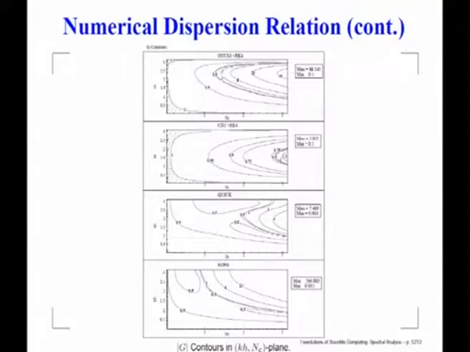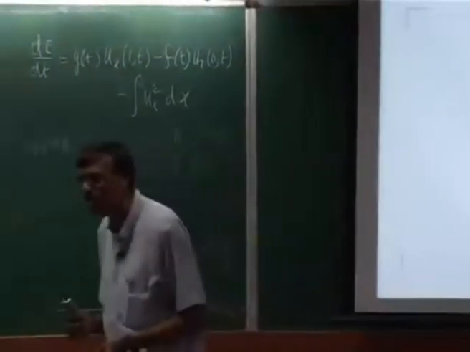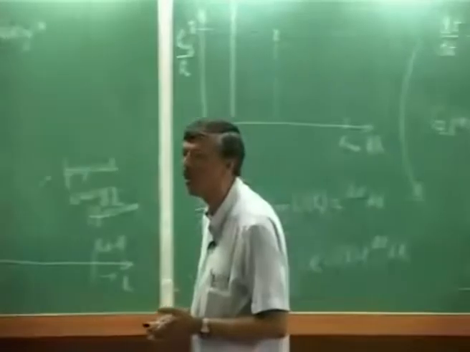To even have faithful computation, my abscissa, what is this? NC. On this side we have plotted NC, and NC is C delta t by h. So, if I have fixed h, this tells me how to choose my delta t.